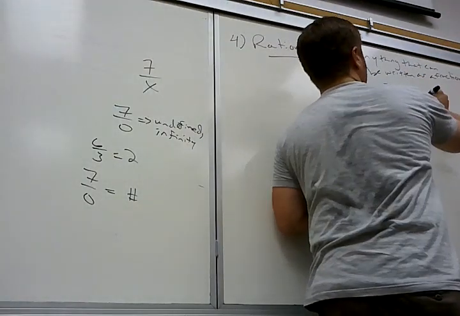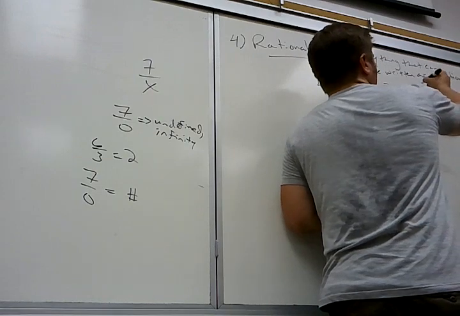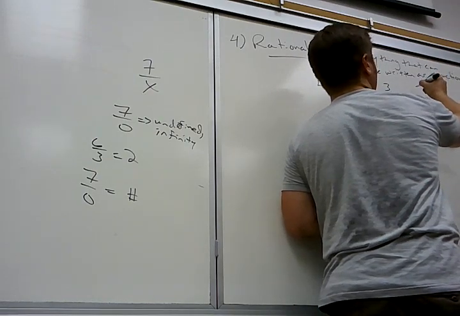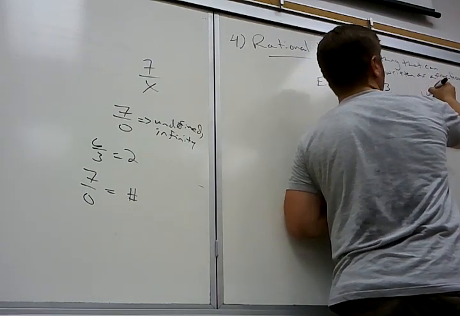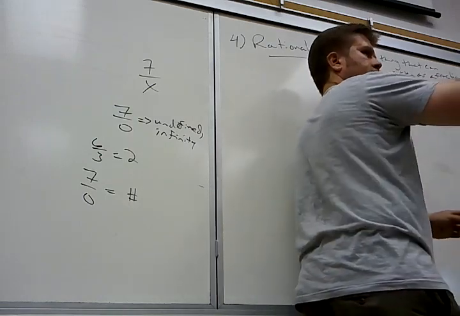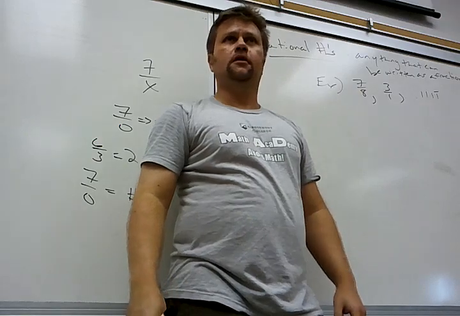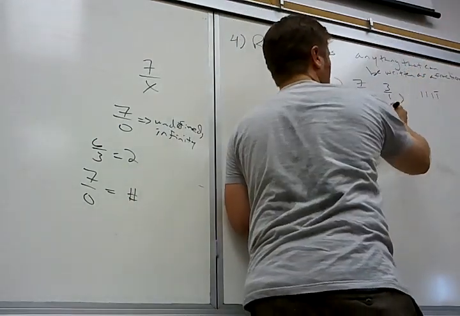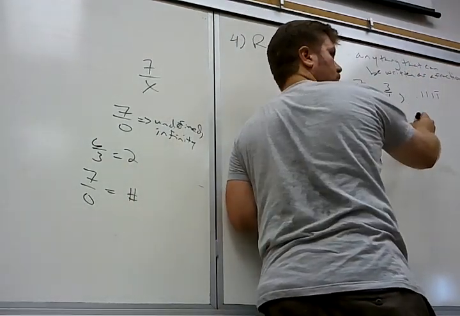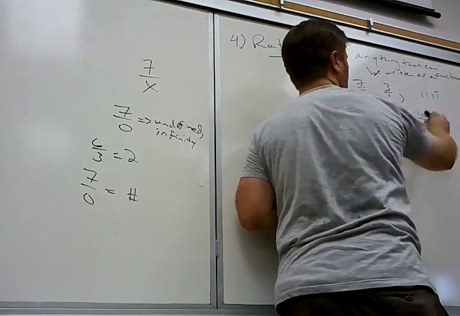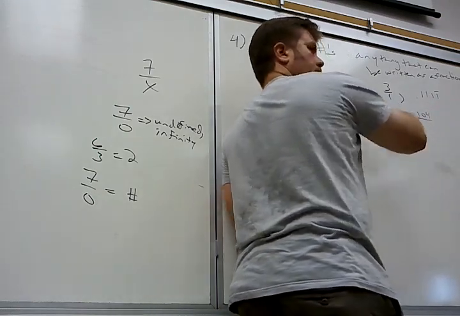What about, here's something that might be a little freaky. 0.1111 forever is a rational number. Before you get there, real quick, obviously something like this is rational. What would that be as a fraction? 104 over what? What place is that in?